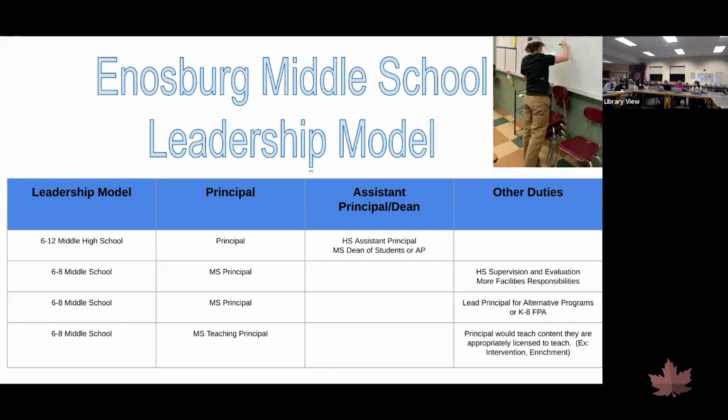I guess my concern would be probably the same as yours, Akua, that I wouldn't want the middle school to become an appendage onto the high school. So it would be really important to me, if we went that way, that there would be a person coordinating the middle school. I do love the current model where we have a middle school principal, and I think it works really well.